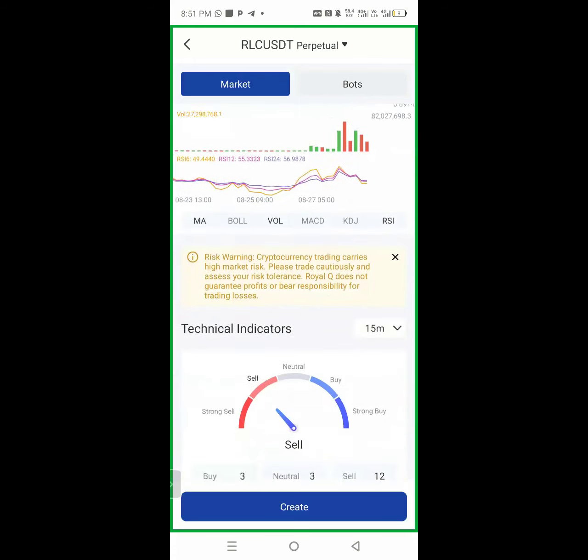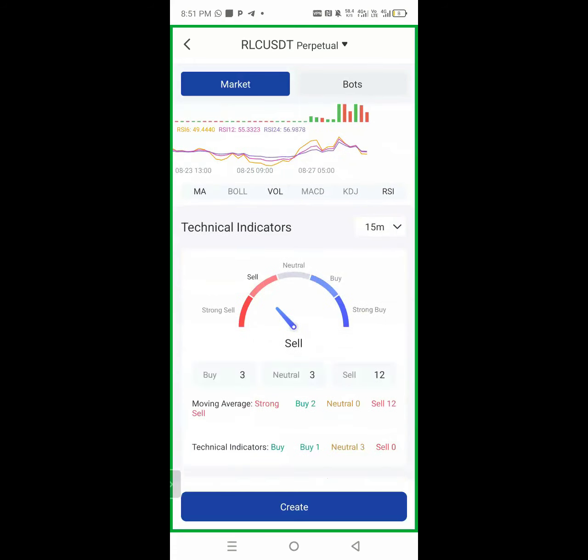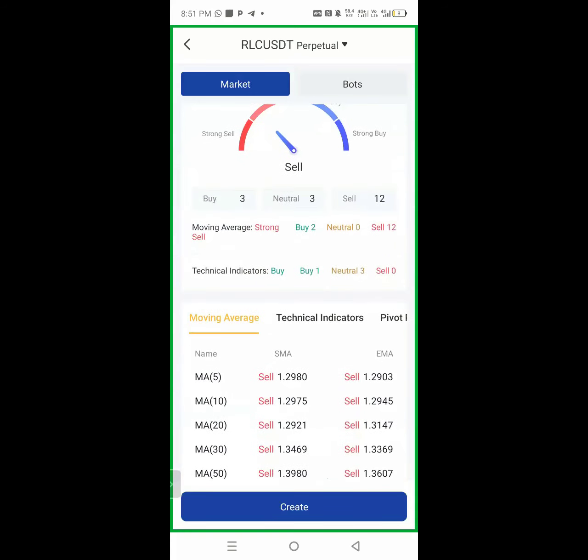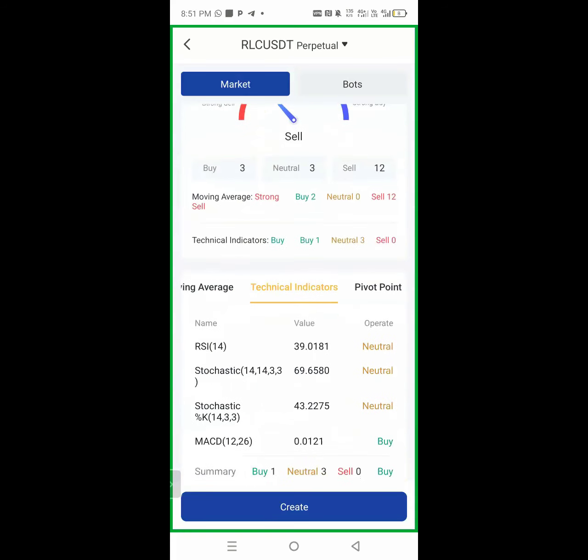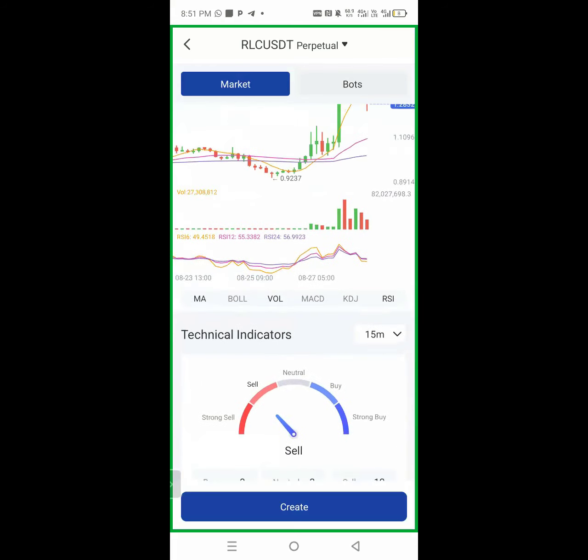If you come down to the technical indicators, you will see it is on neutral. RSI 14 is on neutral. Though with this RSI 14, I don't know why RoyalQ did it like that, because they did not capture length 14.